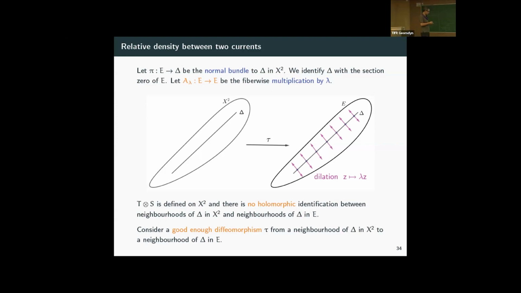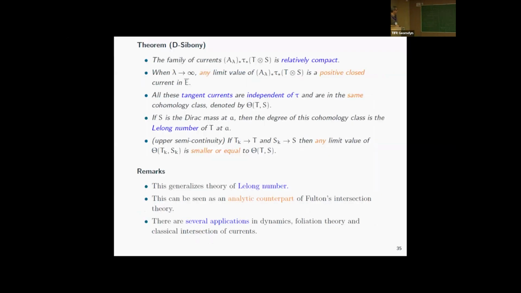Okay, assume that you do that. And then you have many parameters. You have tau here, you have lambda there. You dilate the coordinate, you take a limit, and so on. Then you have to show that the object that you construct in the limit is independent of all the choices that you have here, and this is quite technical, but it's true, and you can do that.